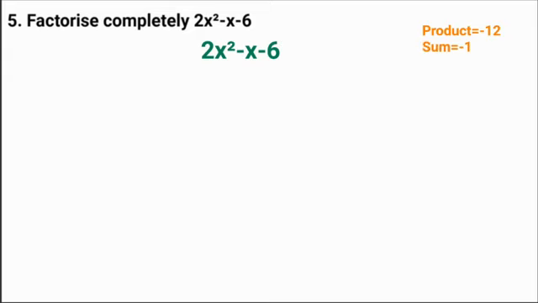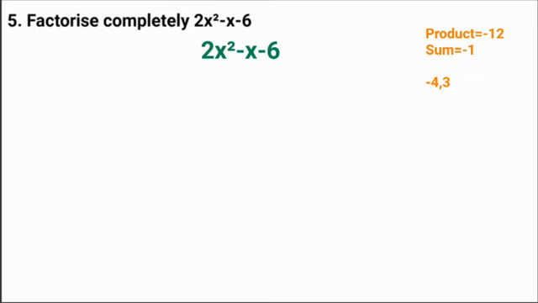Okay, so when we think of numbers that we can multiply to get 12, which are the factors of 12, and they should also give us the answer 1, those numbers are negative 4 and 3. So when you multiply negative 4 by 3, it will give you negative 12. And when you add negative 4 to 3, it will give you negative 1.